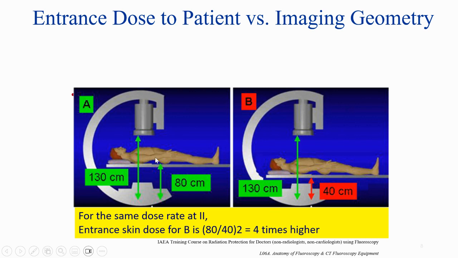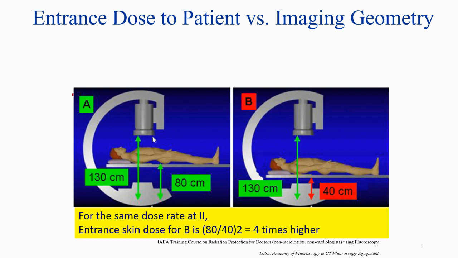So moving the patient away from the source will reduce the patient dose and the skin dose, and moving the image receptor close to the patient, as in geometry E, is best and reduces the patient dose in comparison with geometry B. Why? Because when the image intensifier or image receptor is close to the patient, it will receive more transmitted radiation from the patient.